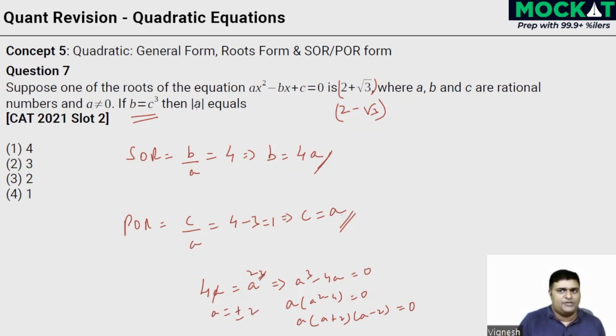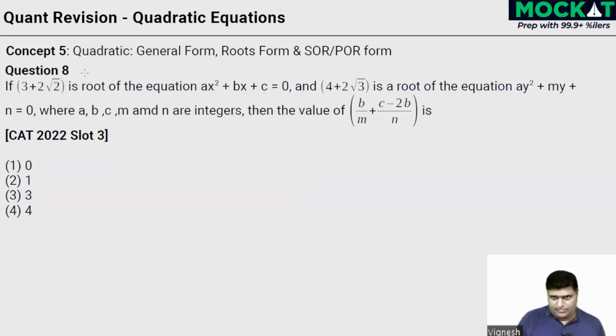If a is plus or minus 2, in both cases we're going to be getting option 3, 2 over here. We're getting the same values here. A is 0 or 2 or minus 2. 0 it can't be. It's clearly given, because it's quadratic. So 2 or minus 2. Modulus of 2 or minus 2 is going to give us just 2. Question 8. Very similar to the previous one because a, b, c, m and n are integers.